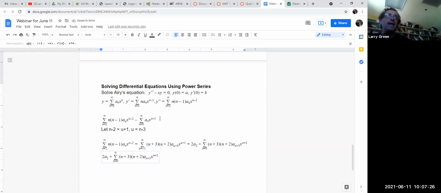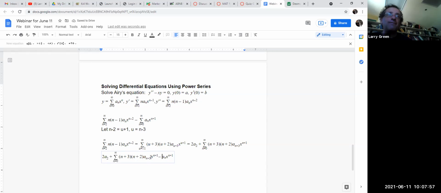All right, and then I'm adding this guy. And the good thing is, since they both have n equals 0 to infinity, I can just add them up like that. Oops. Got to hit copy, paste. Let's try again. It's minus, though, not plus.